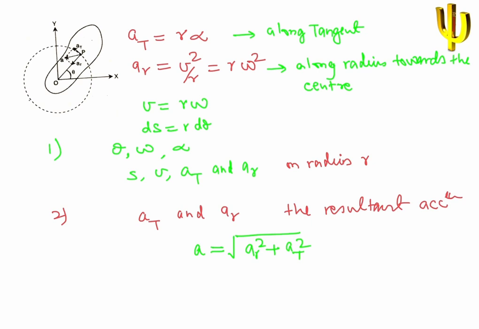Therefore, we can see that AT governs the magnitude of the velocity, while AR gives the direction of motion.